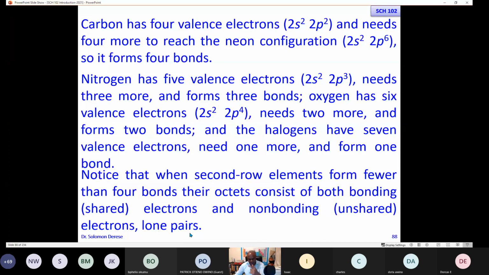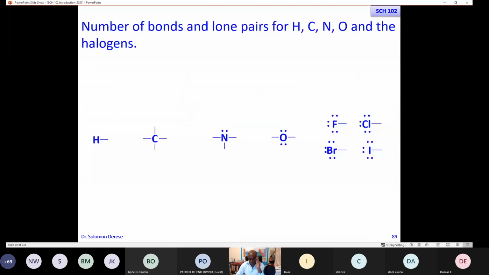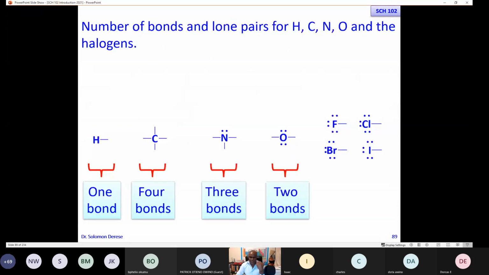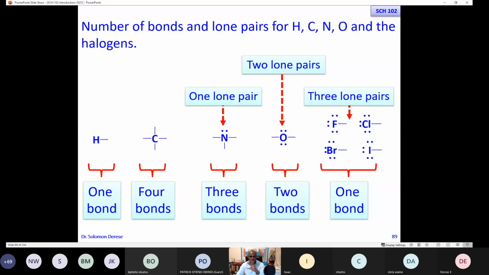So in these second row elements, carbon, nitrogen, oxygen, fluorine, etc., when they form 3 bonds, 2 bonds, or 1 bond, in addition to the electrons involved in covalent bonding, they also have lone pairs of electrons. I'll try to explain this better in a short while.